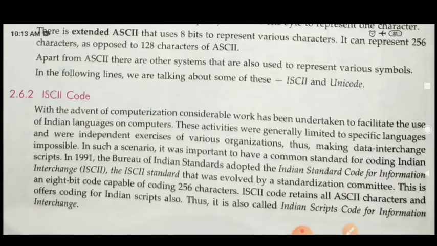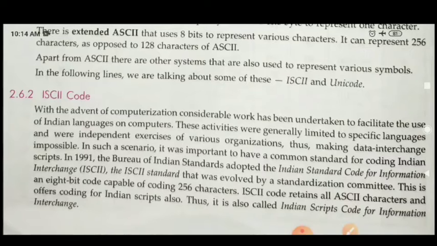That's why it has extended the data representation for representing regional languages.